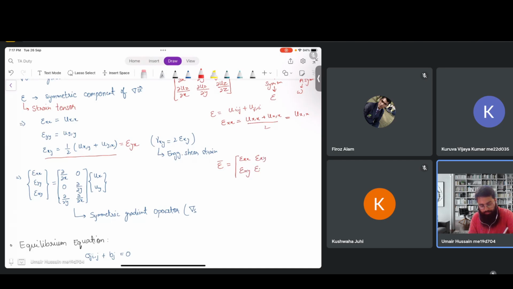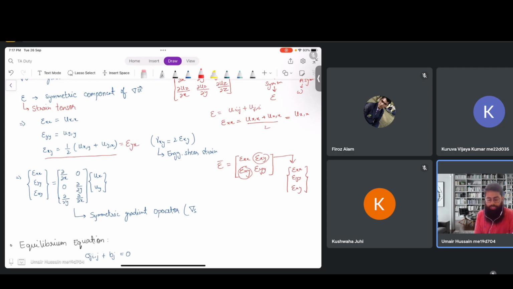This is all the same, and this is basically a matrix or a second order tensor. So what we do for simplicity is we represent this matrix as a vector. It eases the calculations. Instead of writing in terms of a matrix and avoiding this repetition of epsilon_xy, we just represent it like this.